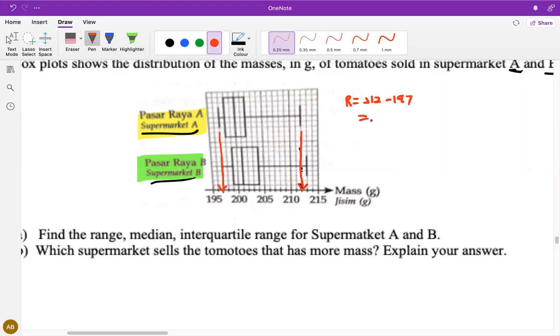So it's 212 minus 97, so it's 115 grams. So the interquartile range, you can see here, the first quartile is 202 minus 198.